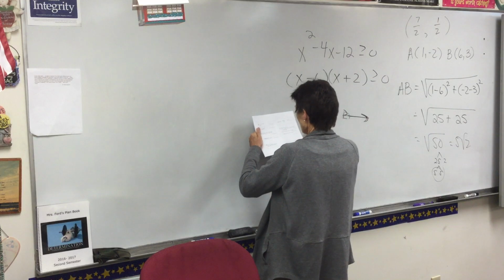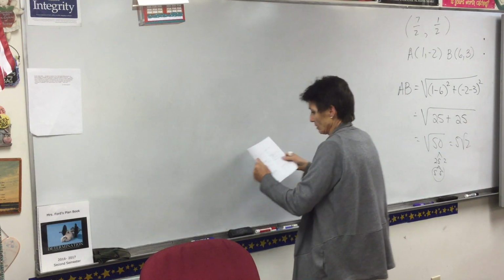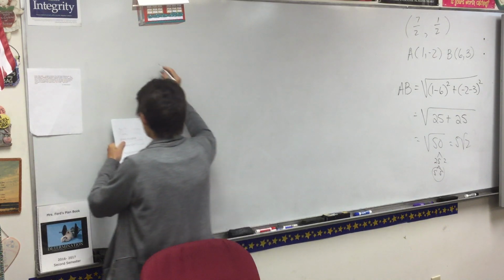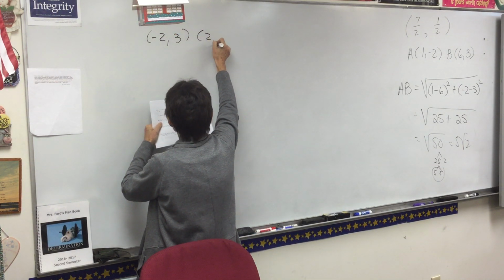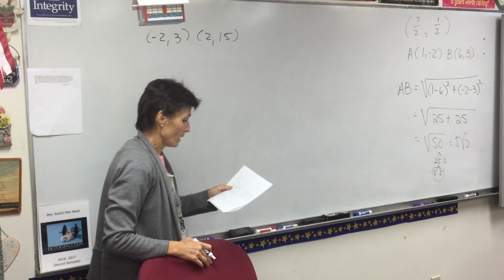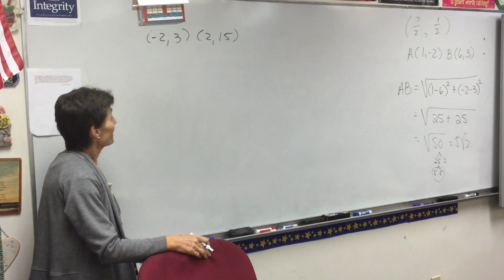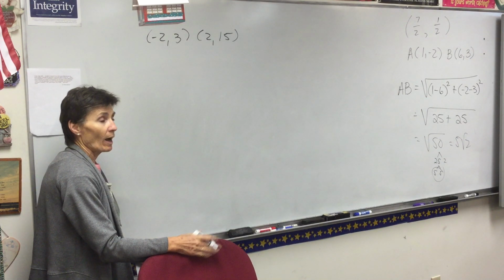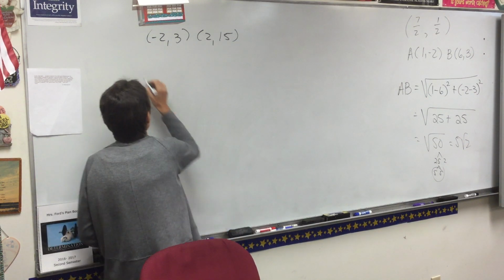All right, now we're going to write the equation of a couple lines. So A says we've got negative 2, 3, and 2, 15. So we have those two points, and we're going to write the equation of that line. How do we start? We're going to start with finding the slope.